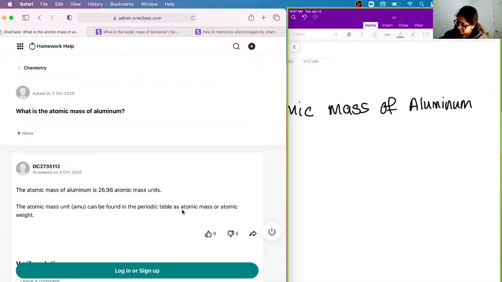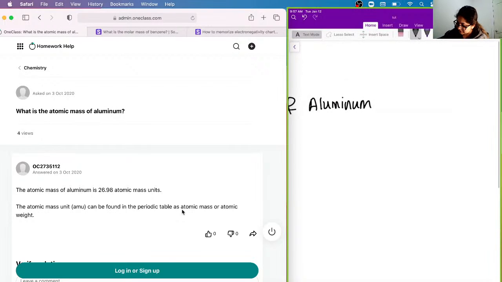So to find the atomic mass of aluminum, this is actually given in your periodic table. However, we can find this by saying that this is equal to the number of protons plus the number of neutrons of this element.